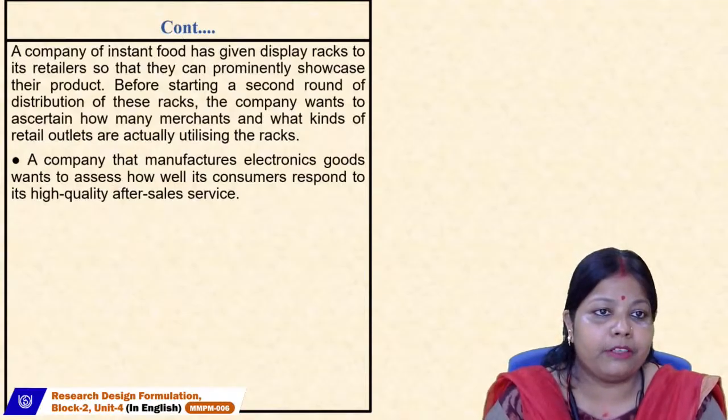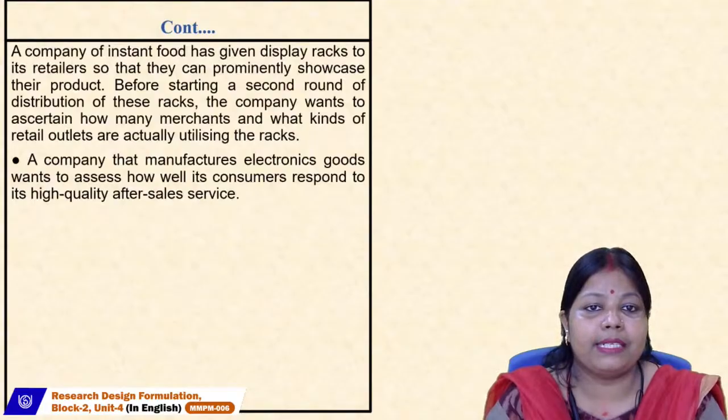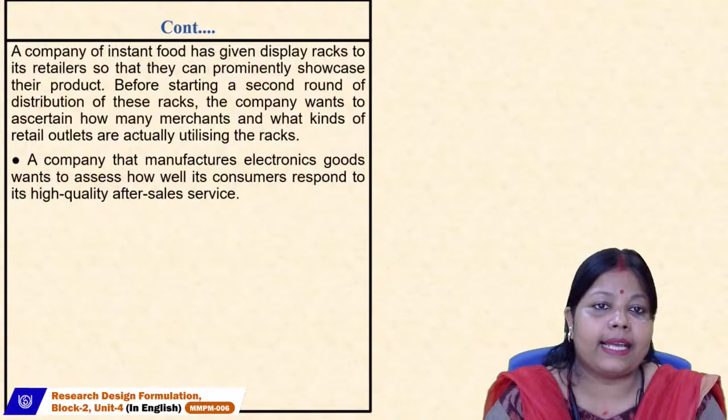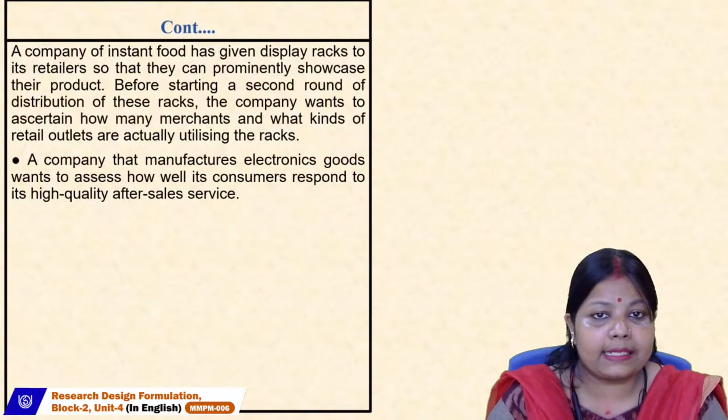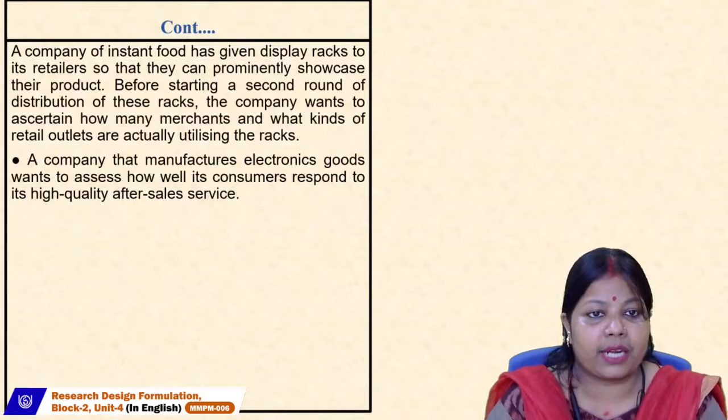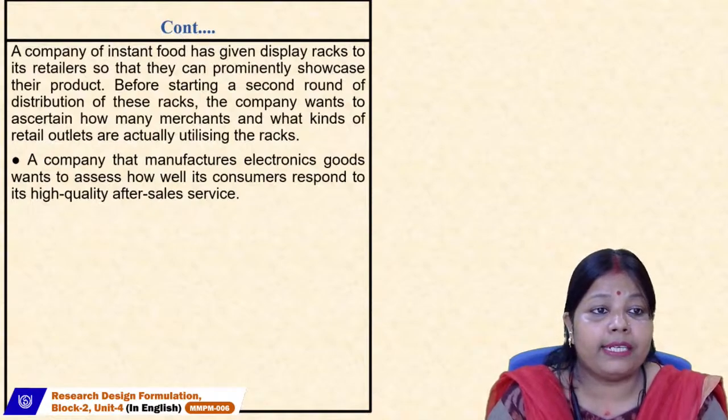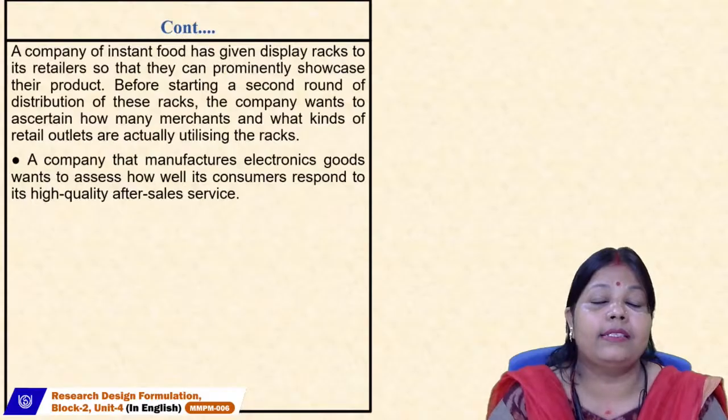That is, a company of instant food has given display racks to its retailers so that they can prominently showcase their product. So before starting a second round of the distribution of these racks, the company wants to ascertain how many merchants and what kinds of retail outlets are actually utilizing the racks.